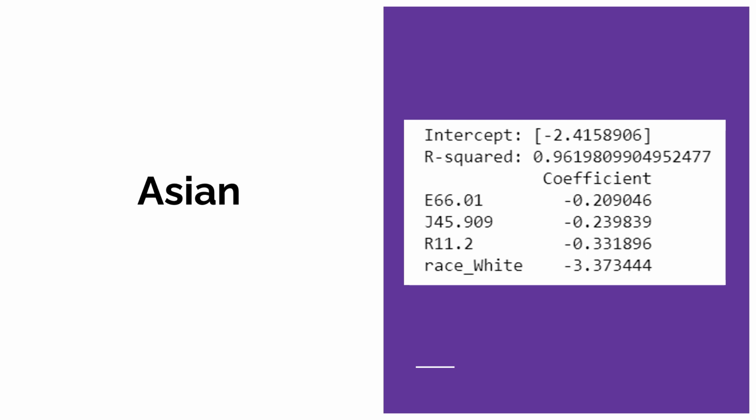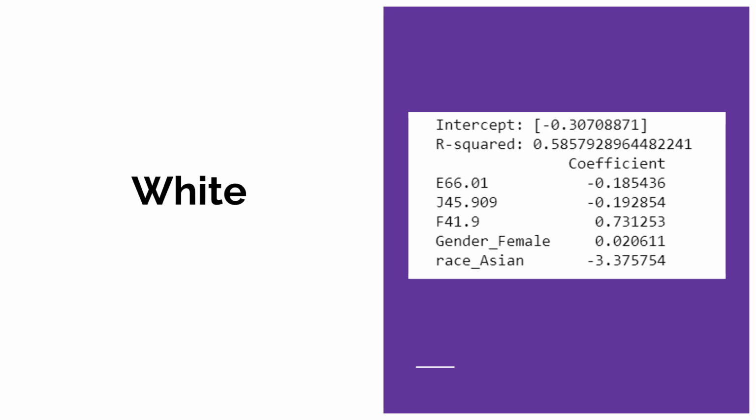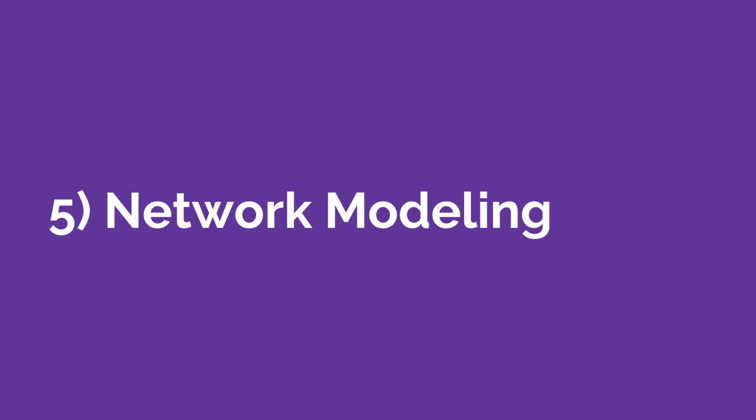For Asian as the response variable, these were the statistically significant variables. And lastly, for white, these were the statistically significant variables after running white as the response variable in the indirect lasso regression. Okay, now we're going to move on to the network modeling portion of the presentation.